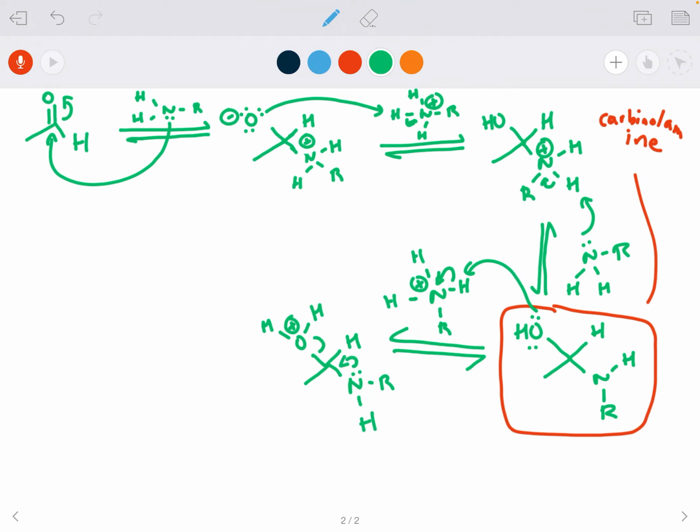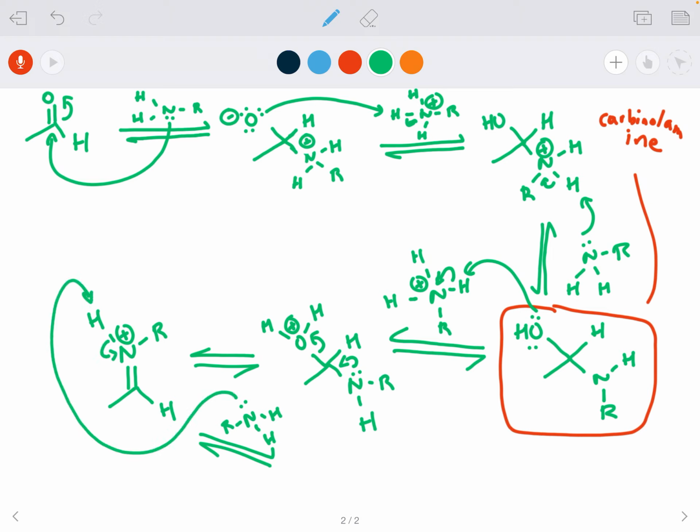So now the lone pair on the nitrogen will drop down to form a double bond and kick off the OH2 group. So now form that. Final step is going to be a deprotonation. And I end up with my imine. So there is my imine.